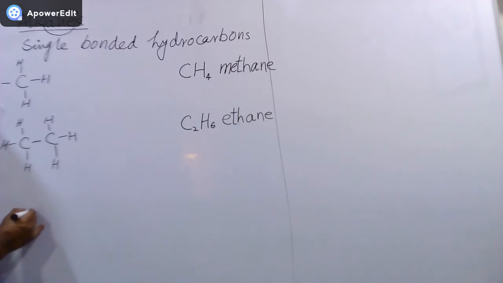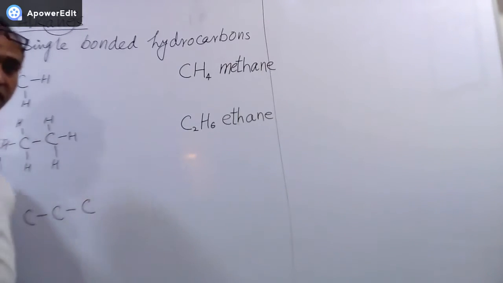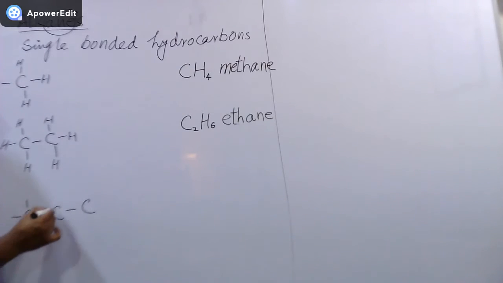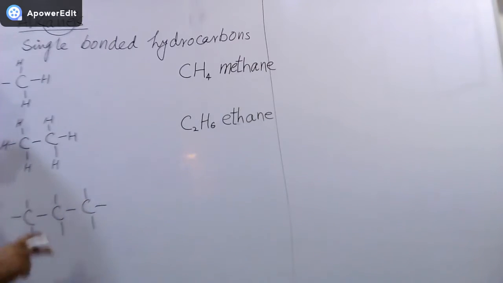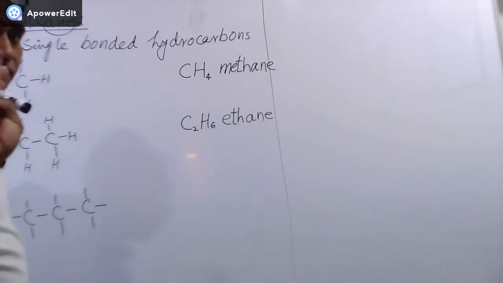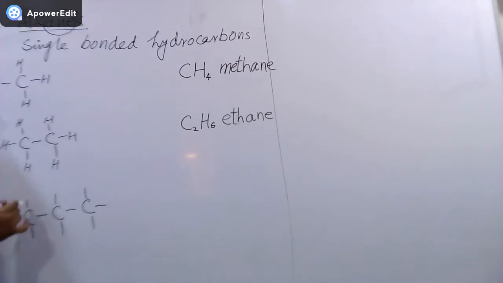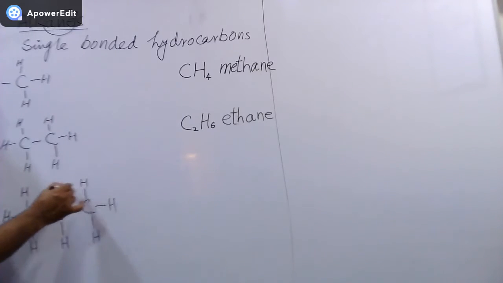Similarly, we have 3 carbons interconnected with each other, writing their valencies. Remember, each carbon should be surrounded by 4 dashes, which represent their valencies. These are the vacant places where we write hydrogens.